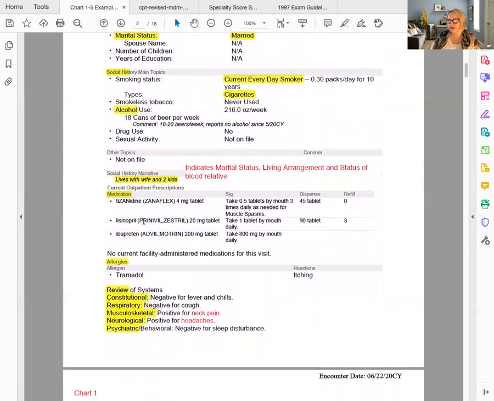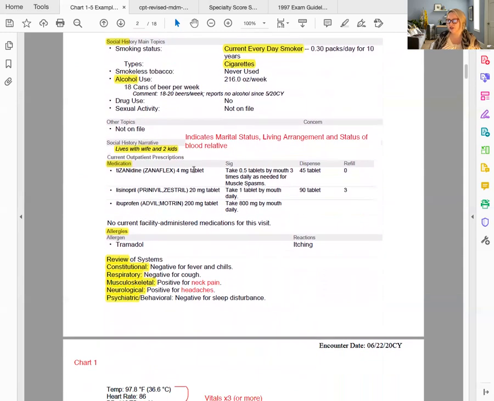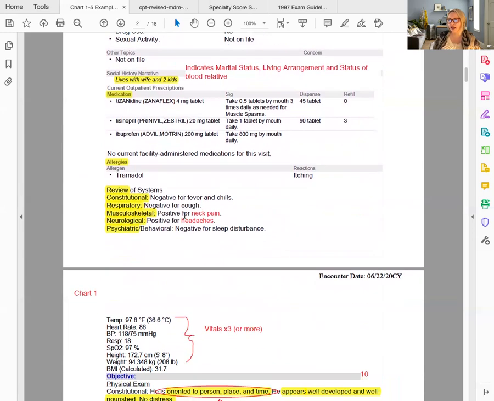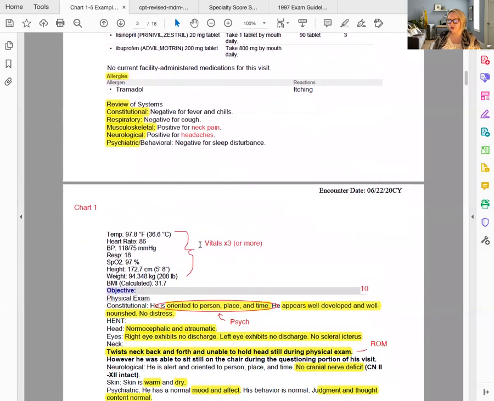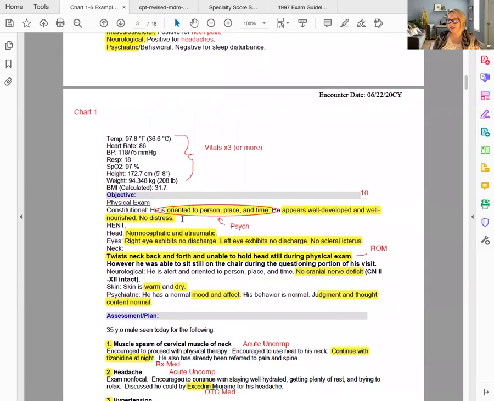Information about where they live, who they live with, the medications they're currently taking, and their review of systems. We also have repeated vitals here and a fairly detailed exam. And we can see by the highlights and the marks that there's 10 elements on this exam that's looked at if we were counting exam elements.